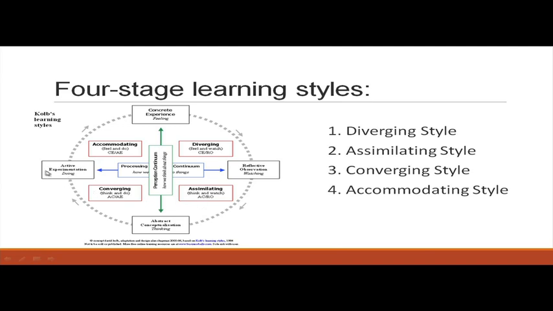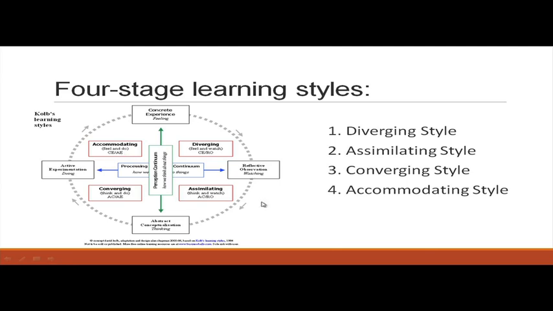On this side, active experimentation, that is doing, and abstract conceptualization, that is thinking, this is the converging style, that is thinking and doing. And here concrete experience, that is feeling, and active experimentation, that is doing, here accommodating, that is feel and do.